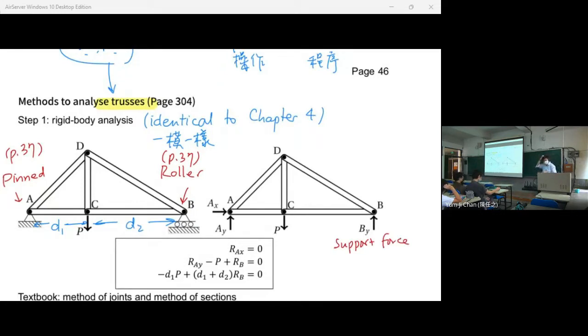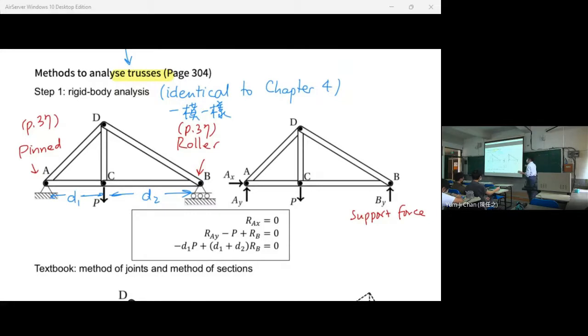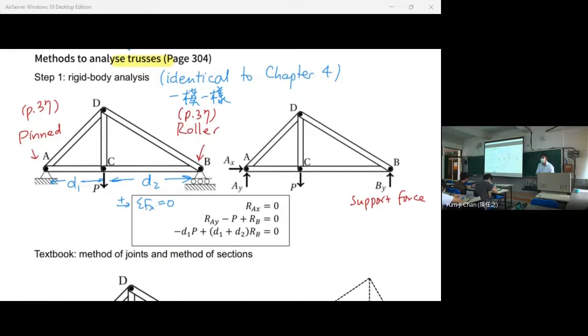You need to know how to write these three equations. Before you write them, what should we write on the left? Summation Fx equal to 0. How about the second equation?